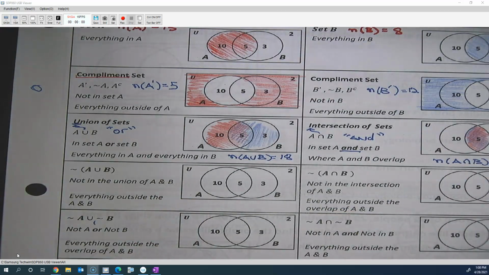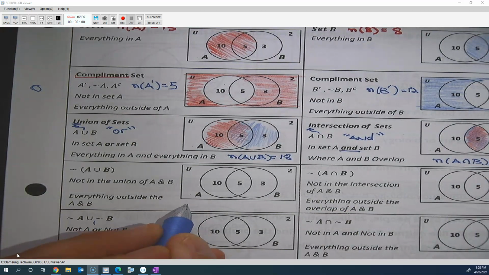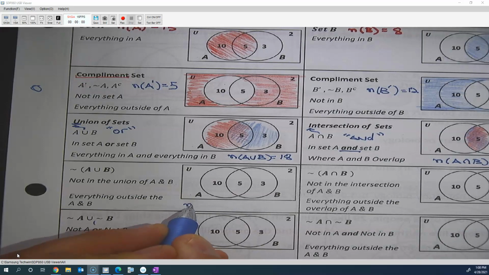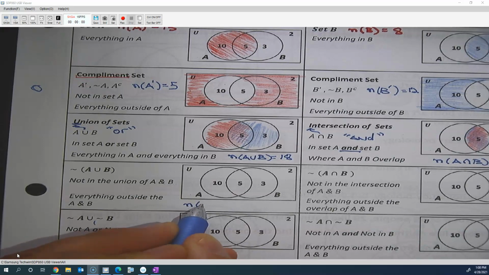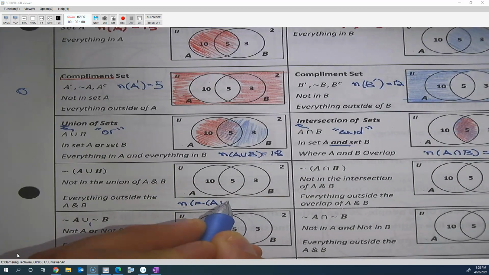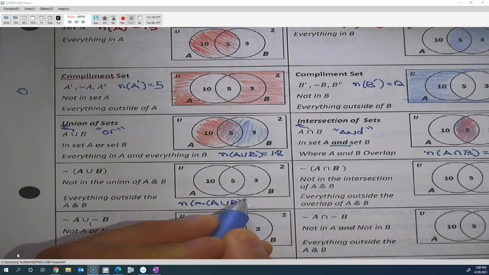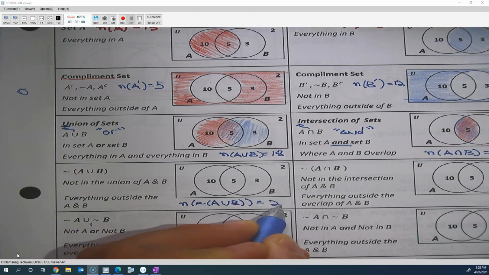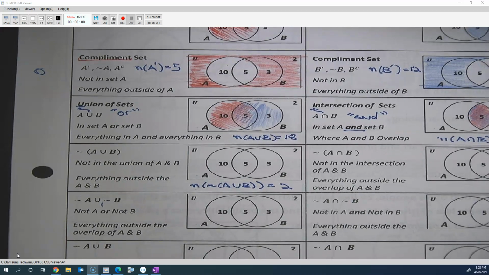So how many items would that have in it? Yep. So the number that is not A or B is 2. Okay, and that's going to be that part outside of those two circles.